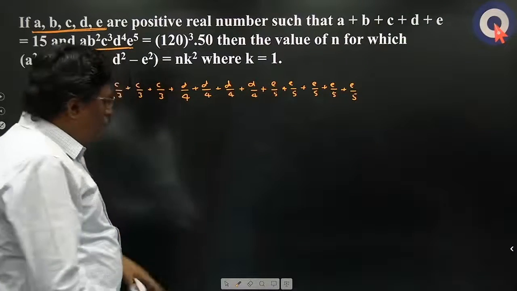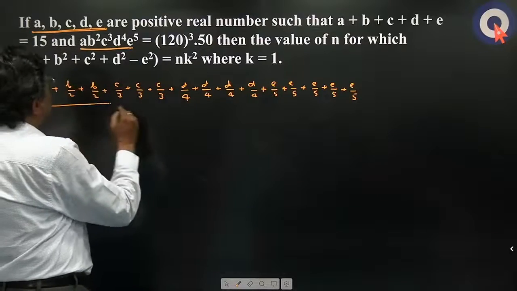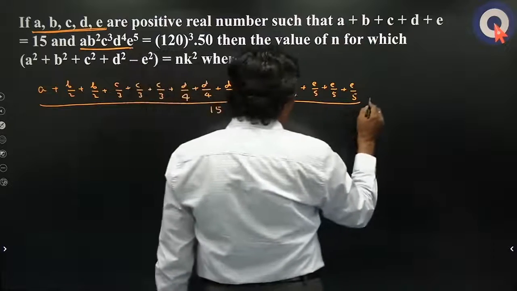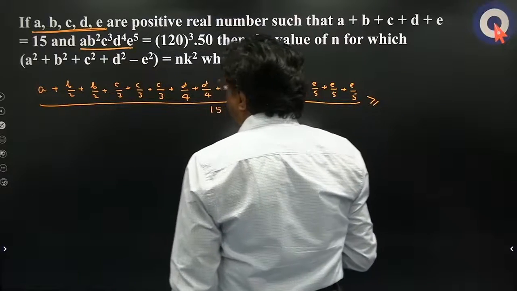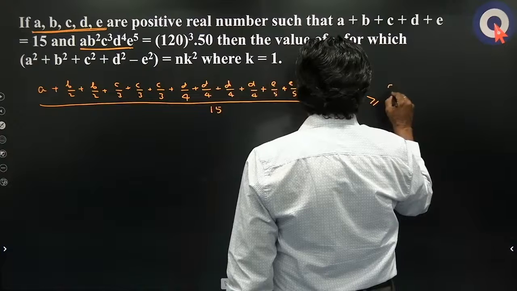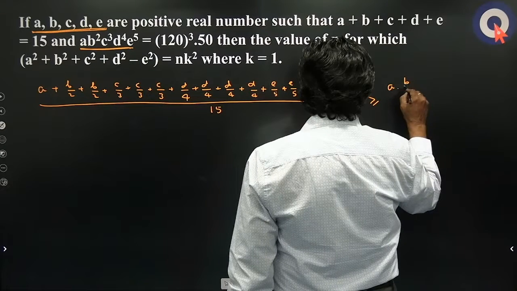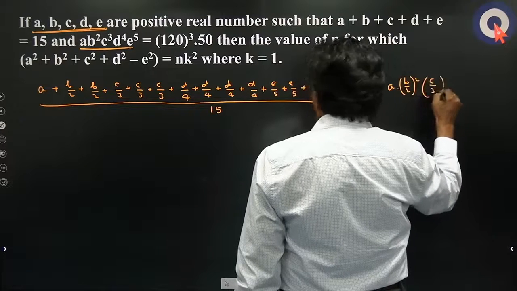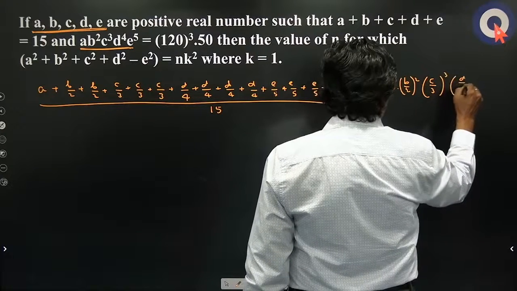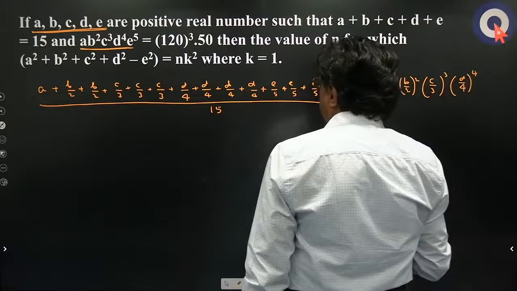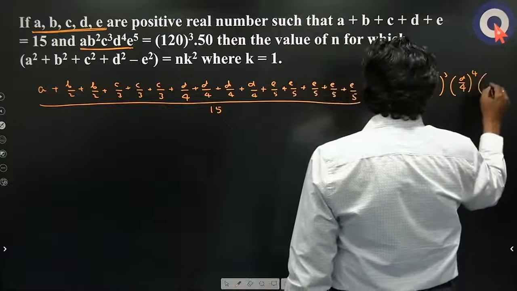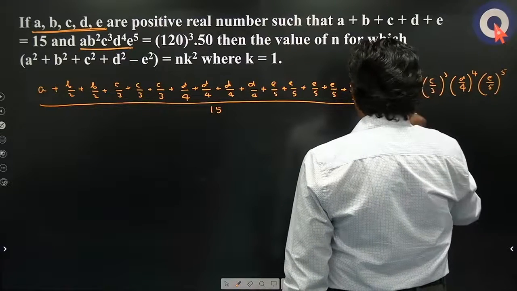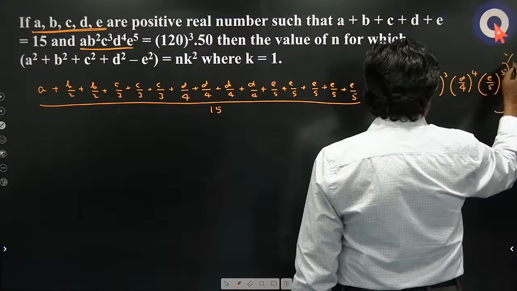These 15 positive quantities, their arithmetic mean, whole divided by 15, is greater than or equal to their geometric mean. Their geometric mean is a, b by 2 whole square, c by 3 whole cube, d by 4 whole power 4, e by 5 whole power 5, and whole to the power of 1 by 15.